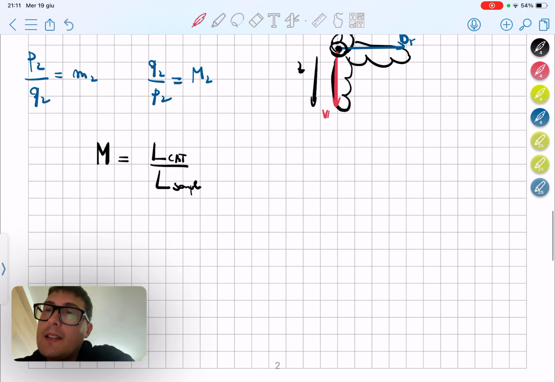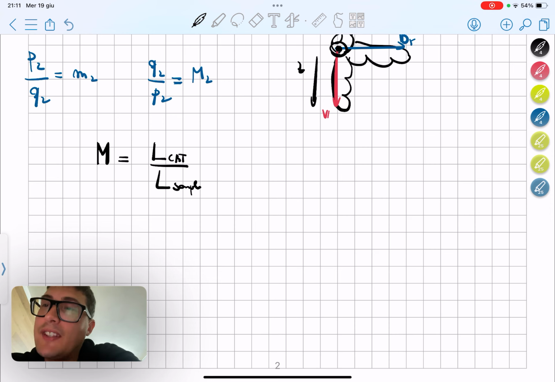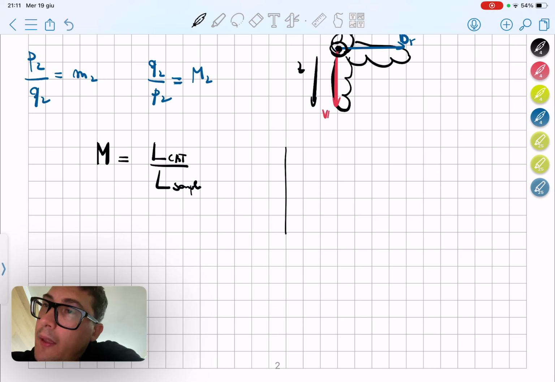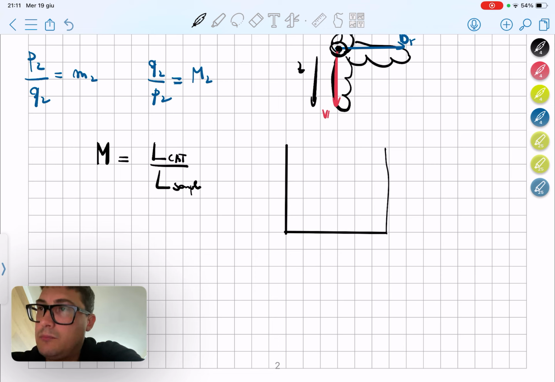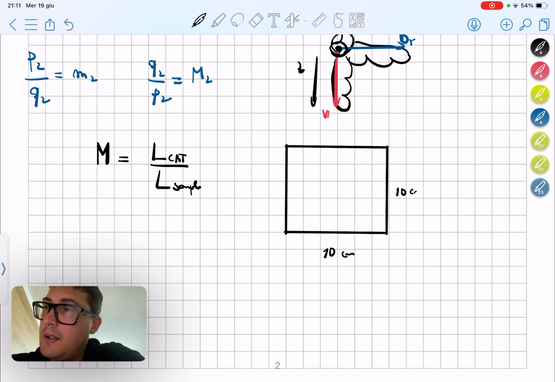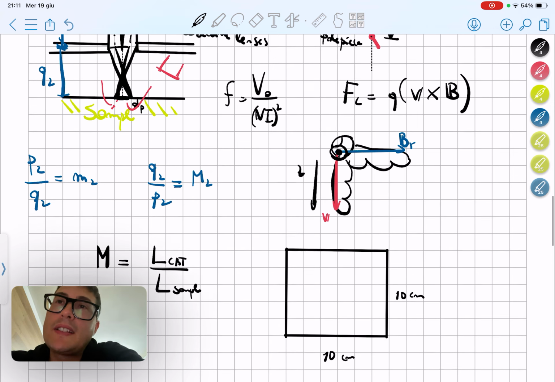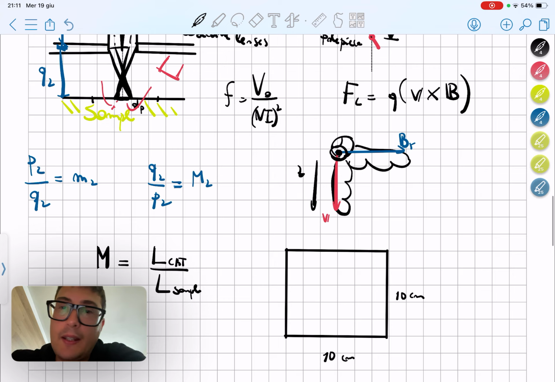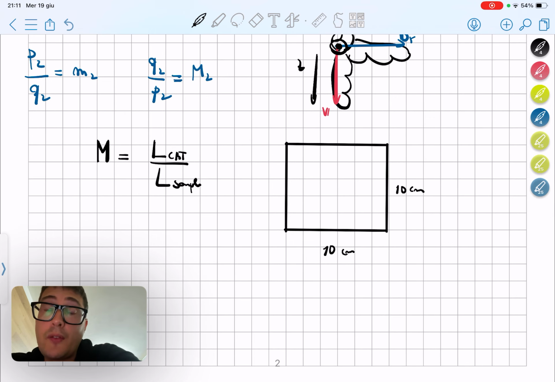So this length is actually the length of the screen. It's a digital display. We can think of maybe 10 by 10 centimeters of screen, whereas the length of the sample is the length which we are considering in the sample. So the ratio of the two will be the magnification.